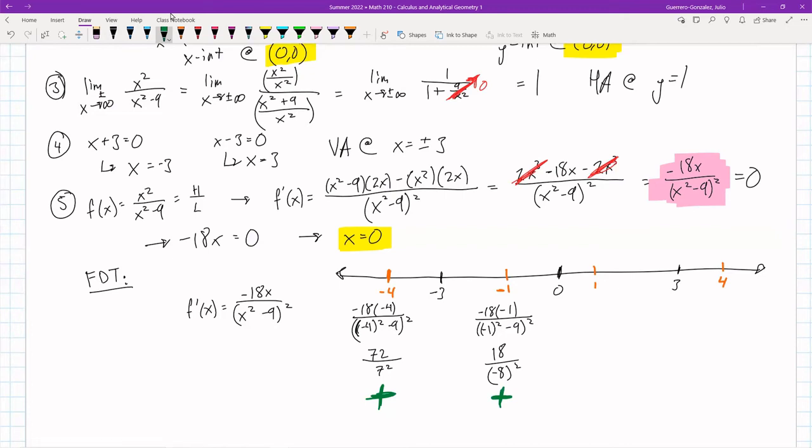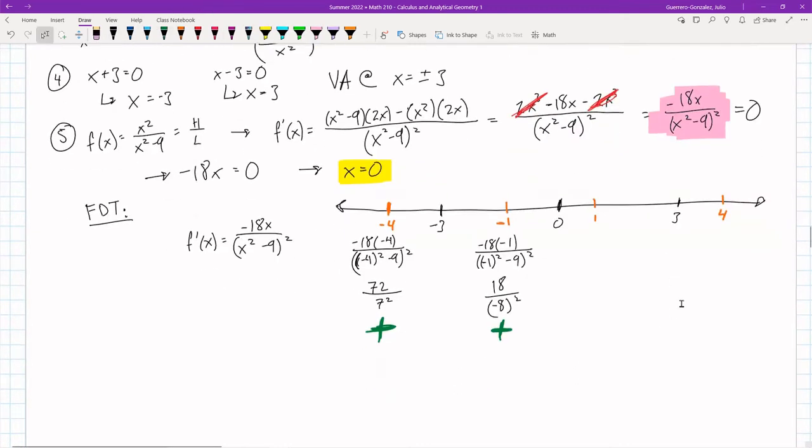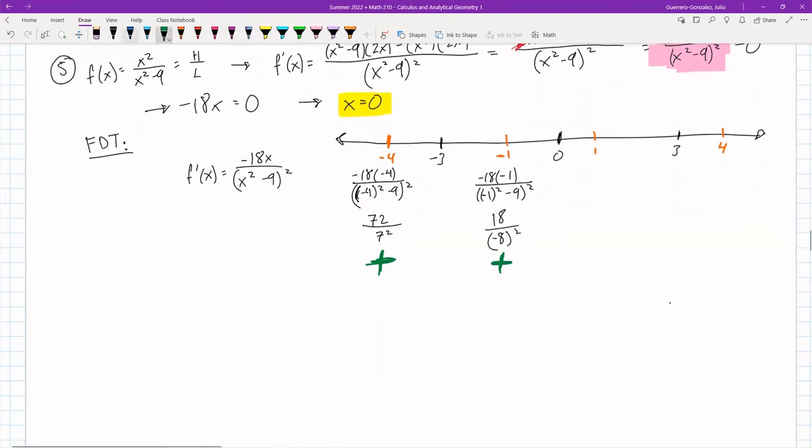Okay, so let me finish up with the first derivative test so that we can conclude something altogether rather than in pieces. I'm going to do negative 18, and I'm going to plug in 1 this time: 1 squared minus 9. This is going to be negative 18 over negative 8 quantity squared. This right here is going to be a negative number.